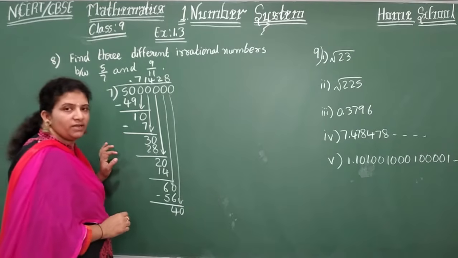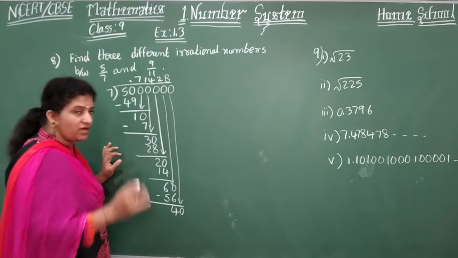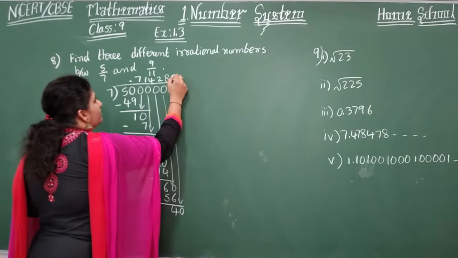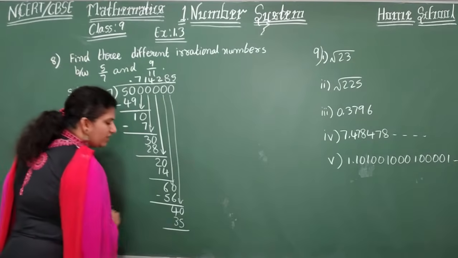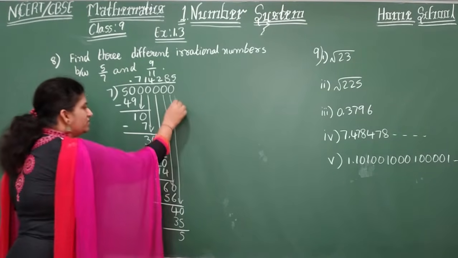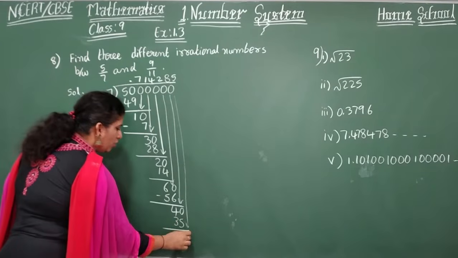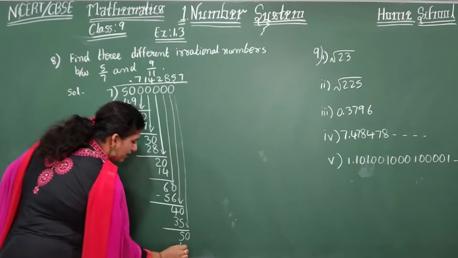In the 7 table, where are you going to get nearer to 40? 7 5s are 35. Then again 40 minus 35 will be 5. Drag one more 0. 7 7s are 49.